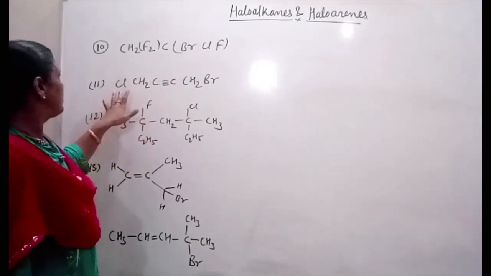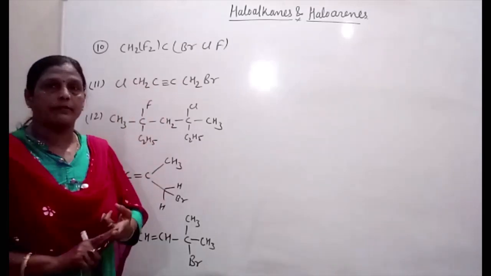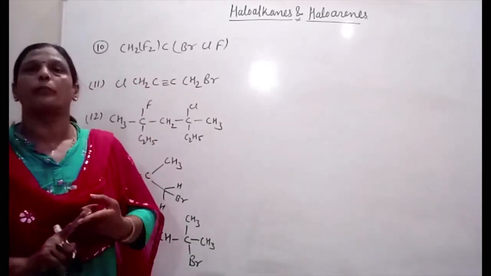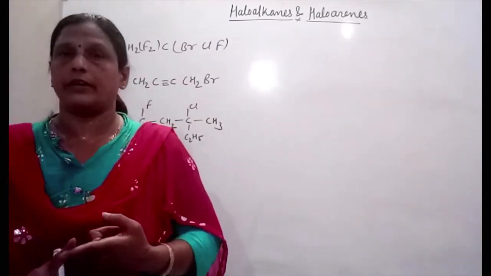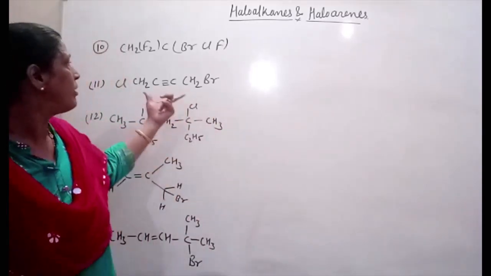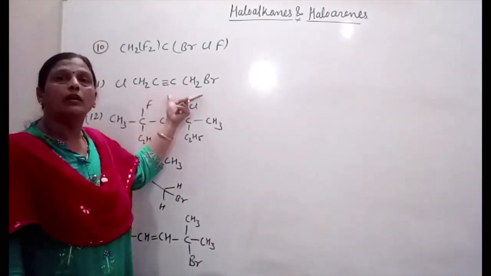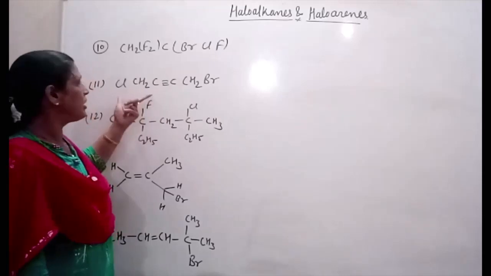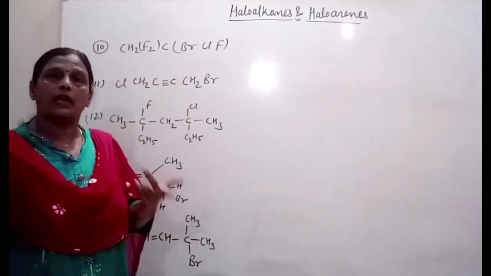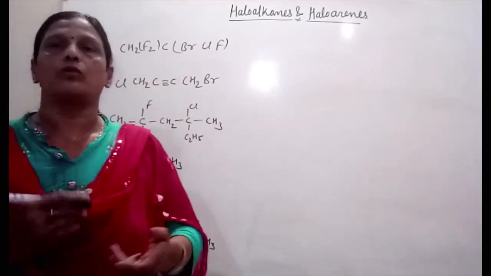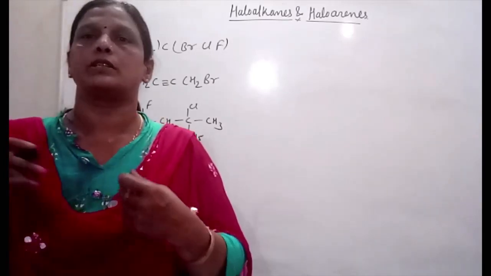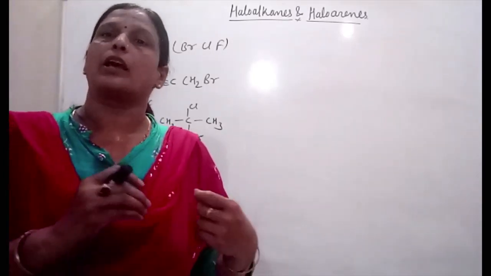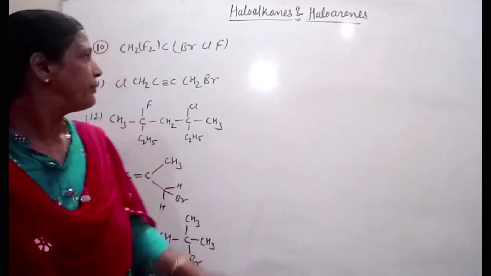Again the rule is the same. If more than one substituent group is present in the compound, you first list the substituent groups in alphabetical order, then give the lowest number to the substituent group which comes first in the list.